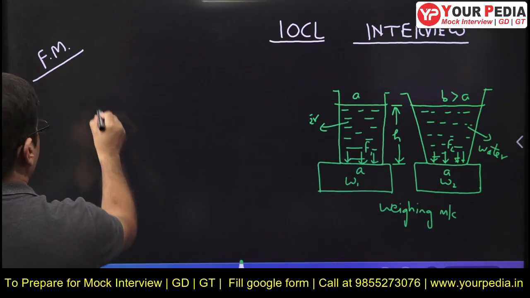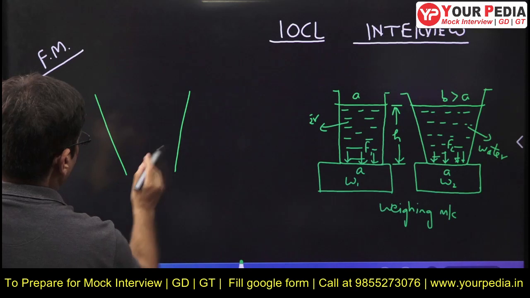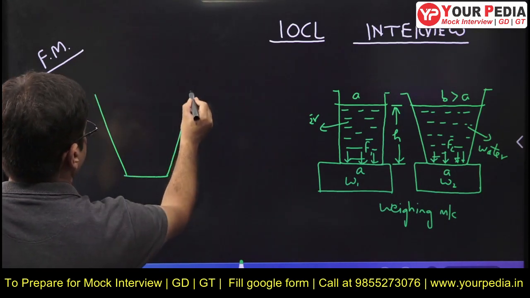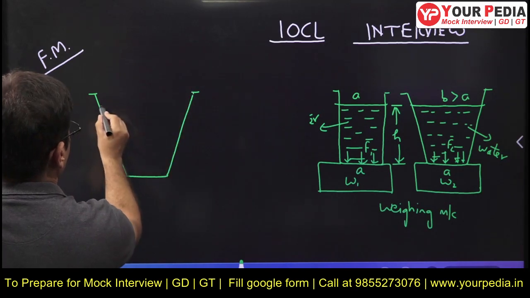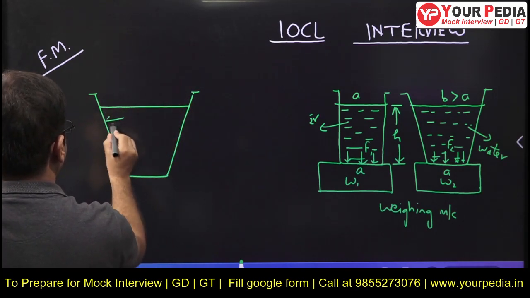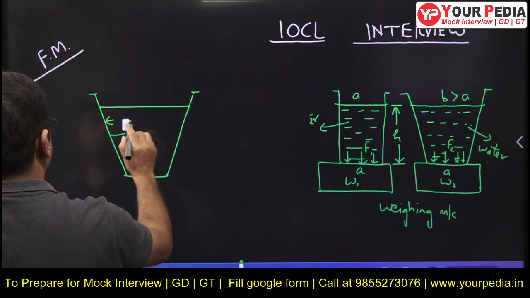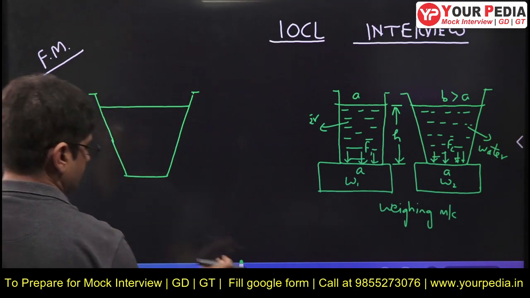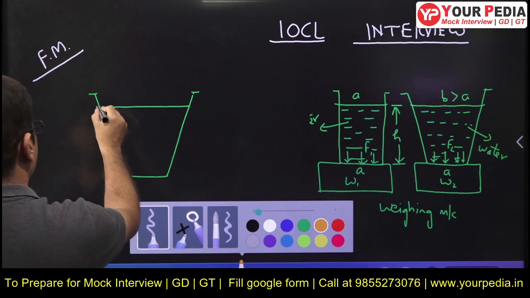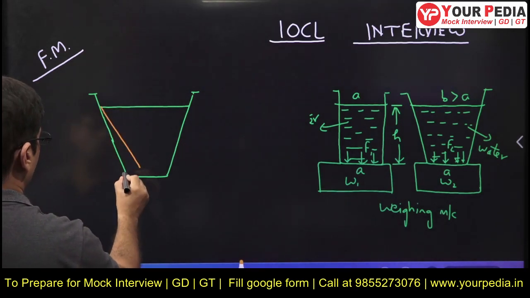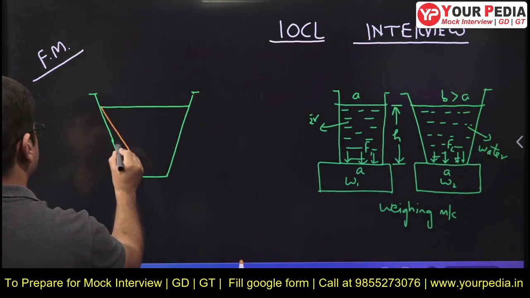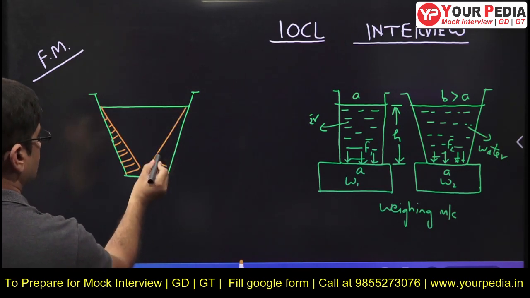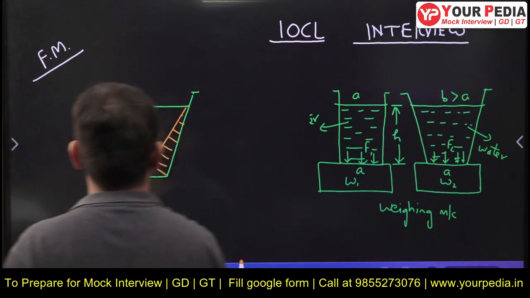When you go to the second diagram, see how the hydrostatic pressure is acting in this case. Hydrostatic pressure will be acting something like this. Let me use a different color. On this wall, I am talking about the inclined wall, hydrostatic pressure force will be acting something like this.